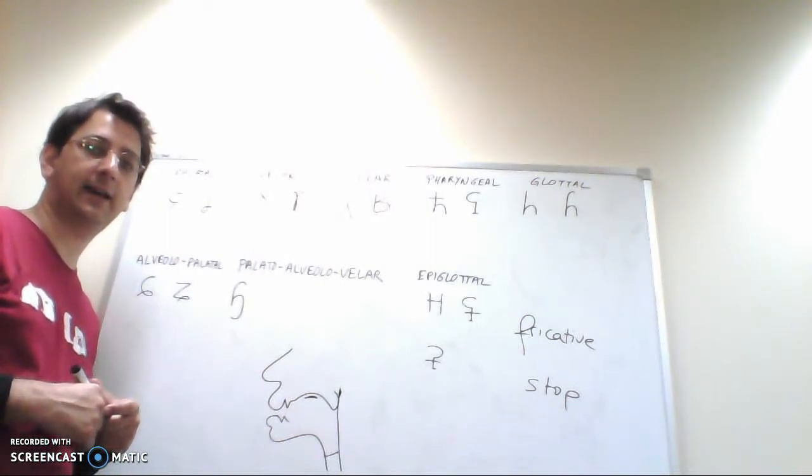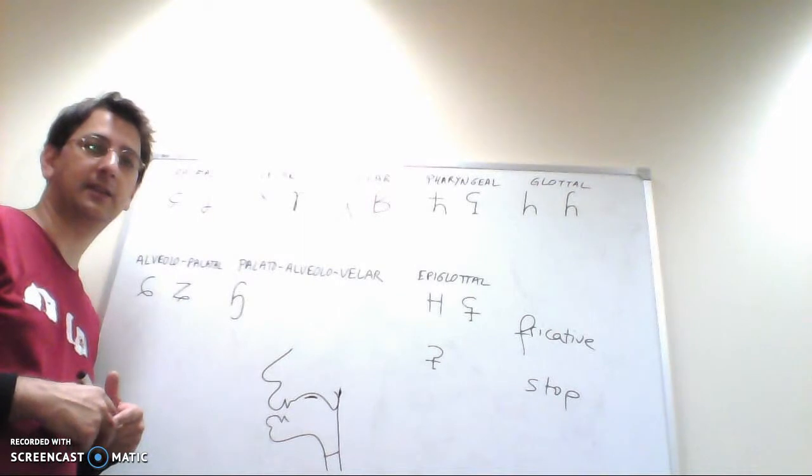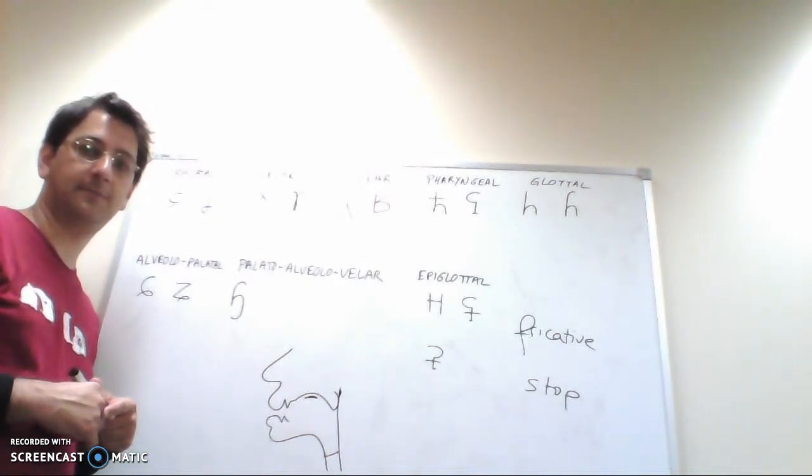Something like ha, aha, aha, ah, alright? Instead of ka, you will do ha, aha, aha, ah. And then the voiced version, which doesn't exist in Spanish, would be ra, aga, aga, ag. Okay?